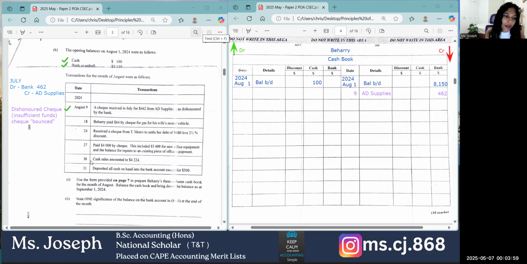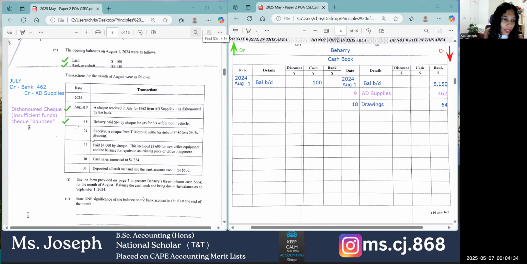Anytime it's coming from the business to the pockets of the owner or for his personal affairs, it's going to be considered drawings. Reduction in the investment within the business. Coming out from the bank, so we're going to credit the bank for $64 on the 18th of August, and my reference is going to be drawings. My debit drawings, credit the bank.